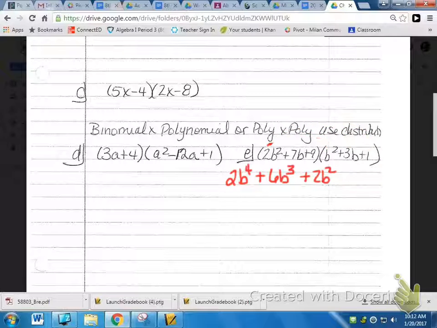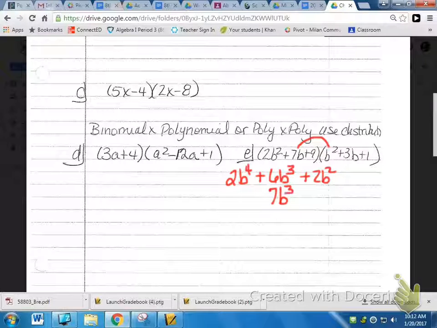All right, next row through would be taking 7b. So 7b times b squared would be what? 7b to the third. Where should I write it? Below 6b to the third. That would make it a lot simpler.